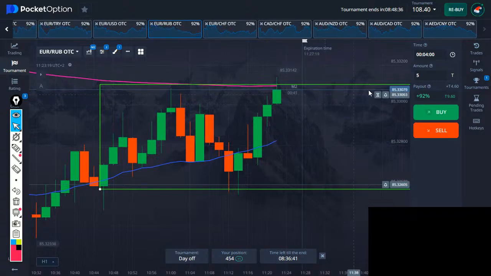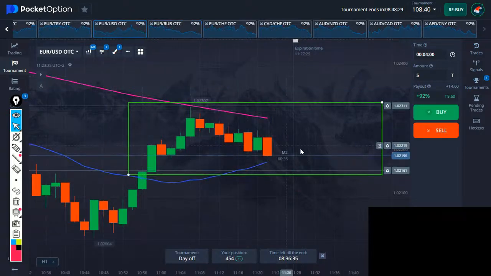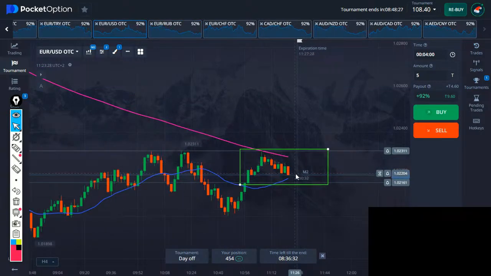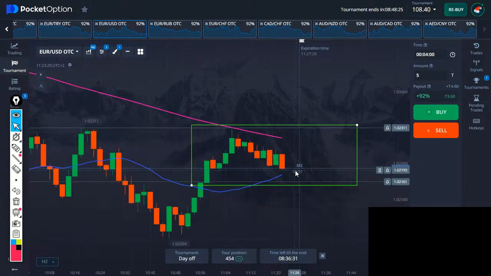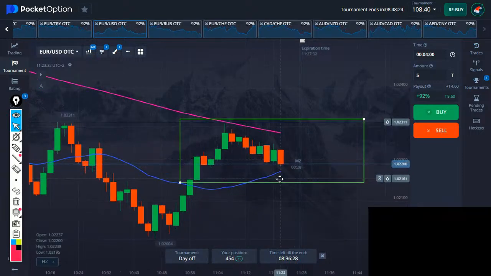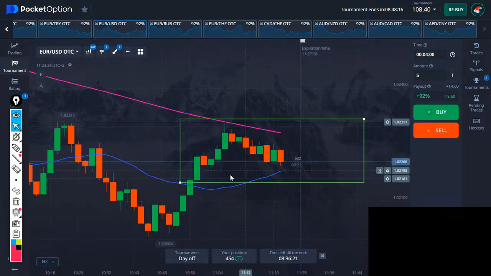Okay, I'll set another alarm over here. It's moving nicely to the downside. I need a strong candle to close.